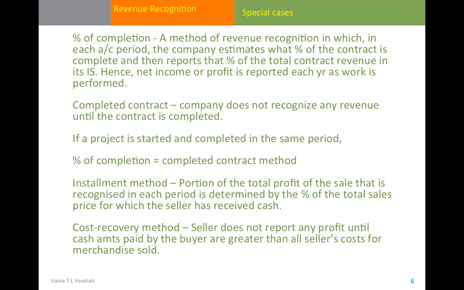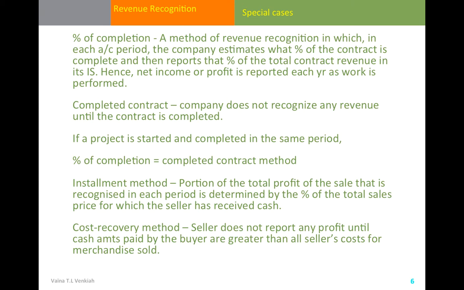Okay, so this is a review of what I've just said. Okay, percentage of completion, method of revenue recognition in which each accounting period the company estimates what percentage of a contract is complete and then reports that percentage of total contract revenue in its income statement.